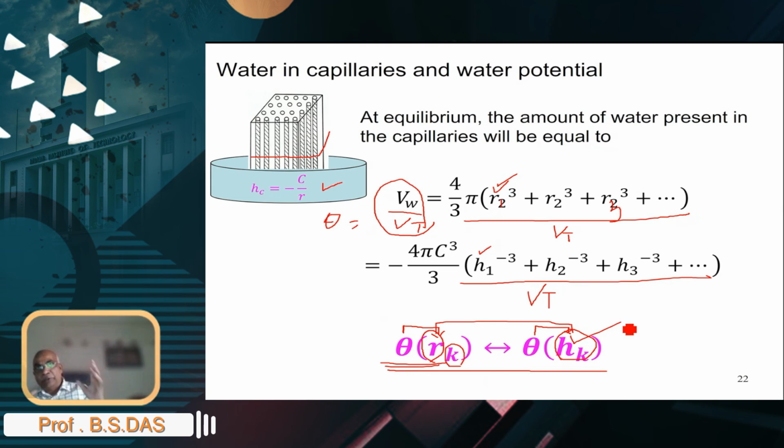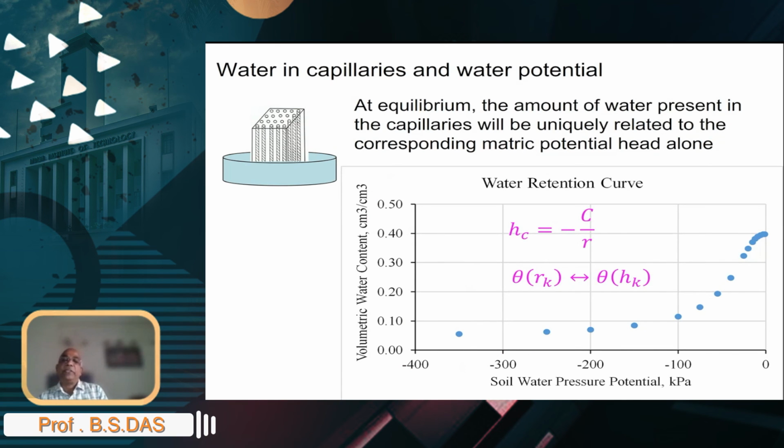And of course, these are essentially hydrostatic equilibrium conditions. At the kth equilibration condition, you have a unique relationship between theta and some kind of an equivalent radius and a corresponding equivalent h, or the potential head. The moment this equilibrium condition changes, you get a unique point in the relationship between the water content and this energy content.